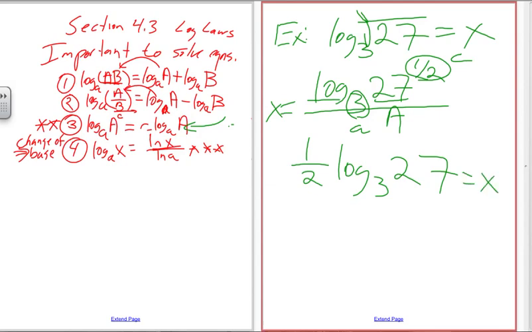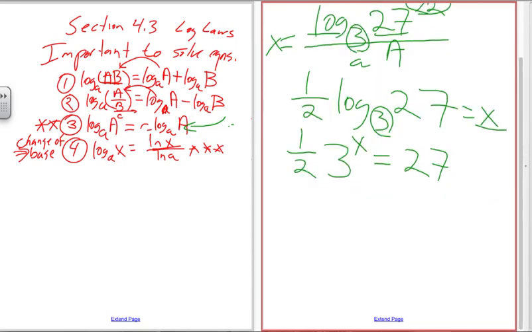So I can rewrite this thing. I'm going to have 1/2, that stays out front. And I'm going to rewrite this: here's my base, so it's going to be 3 to some power is 27. Or excuse me, we're not doing this, we're evaluating.